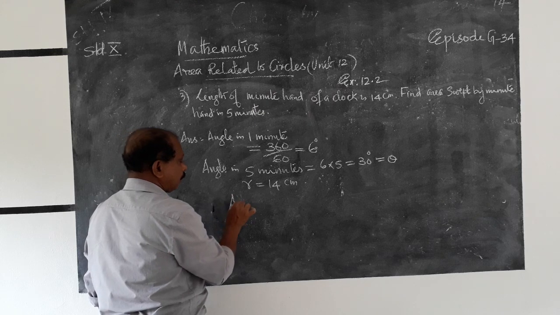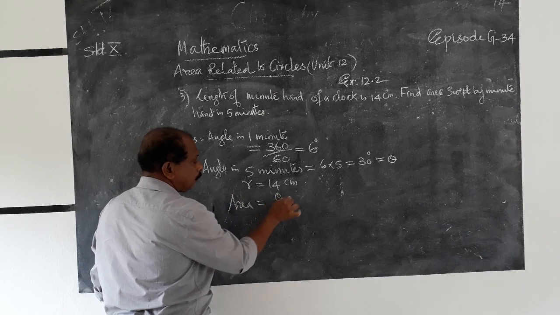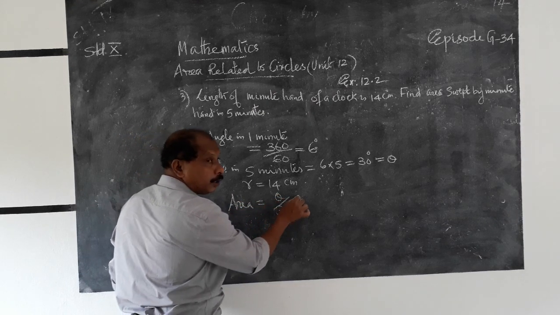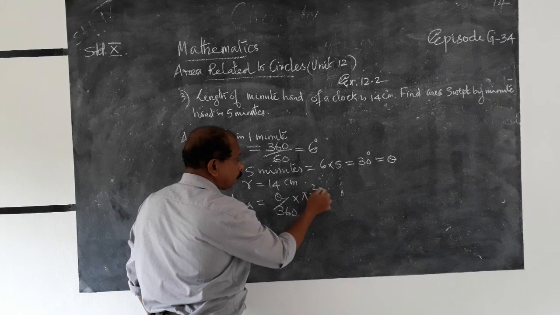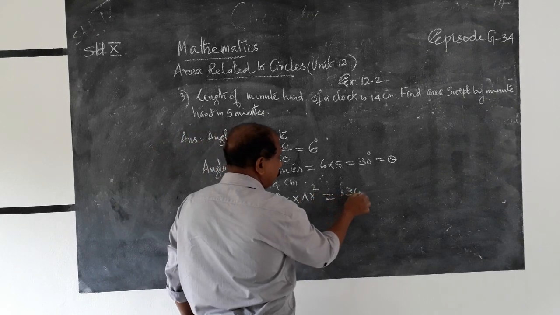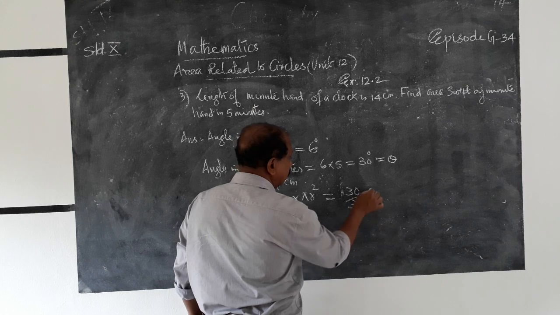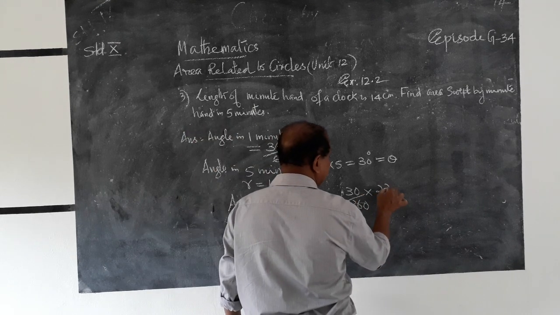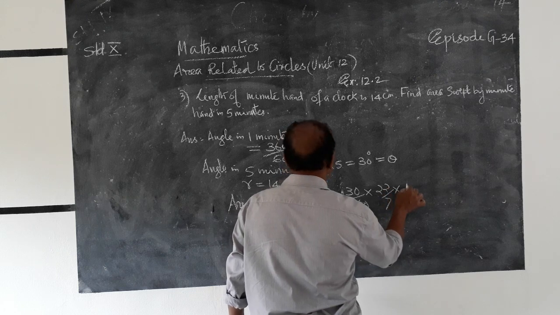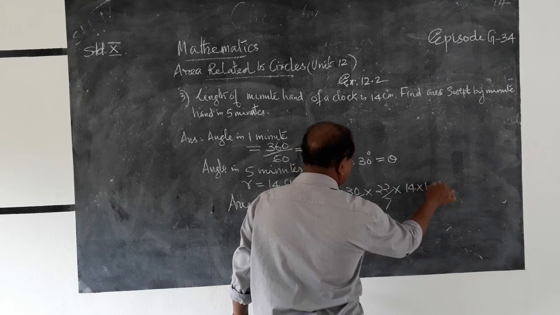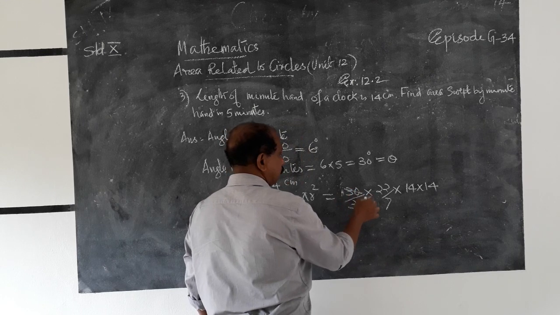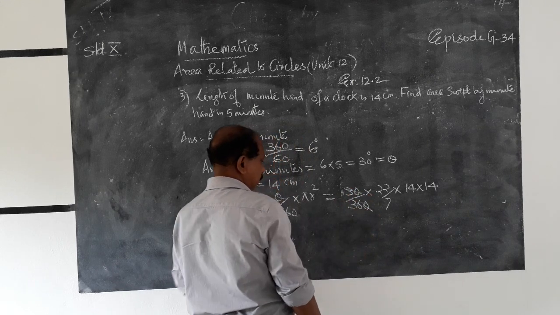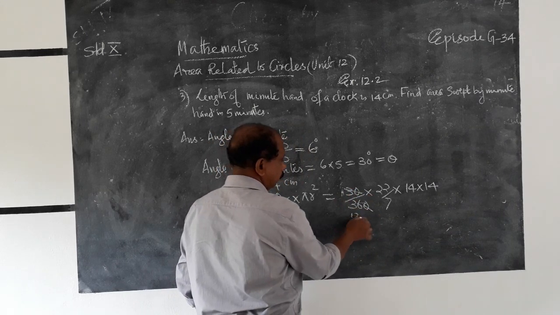Therefore, area is equal to theta by 360 into pi r square, equal to 30 by 360 into 22 by 7 into 14 into 14.